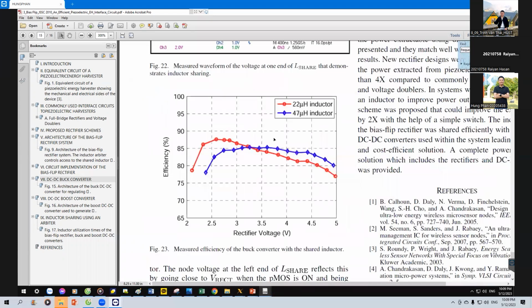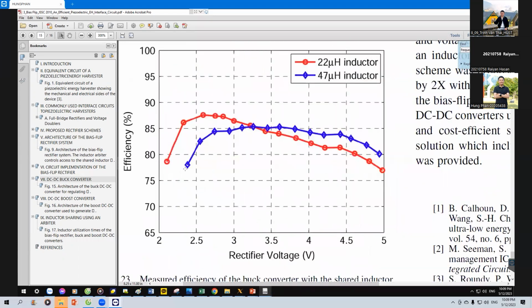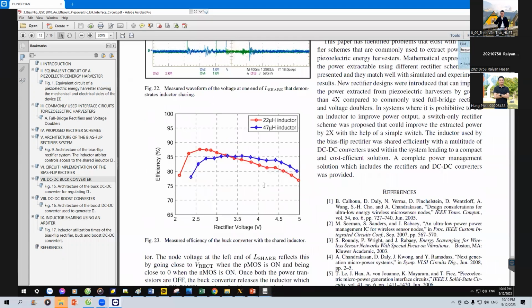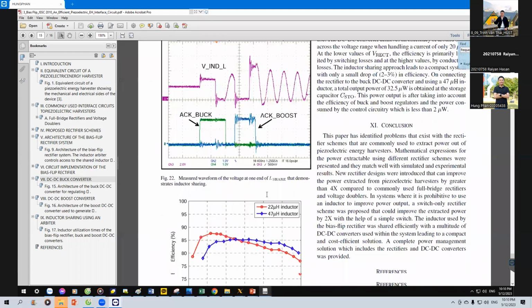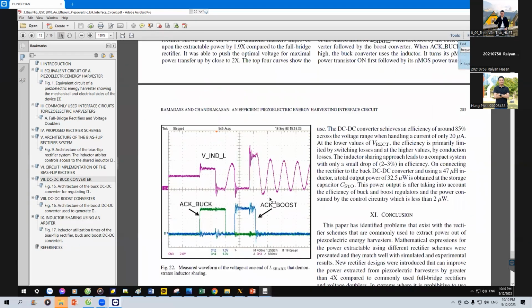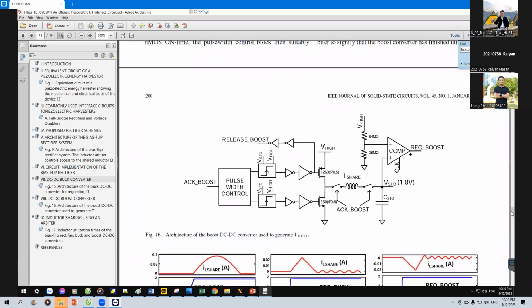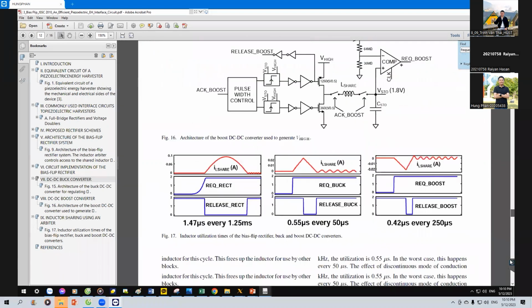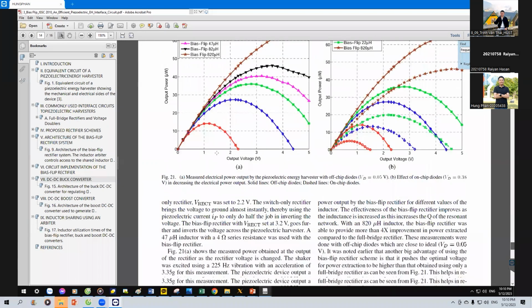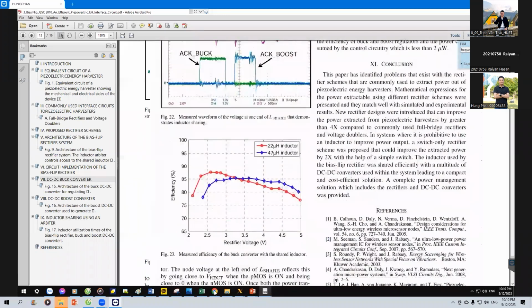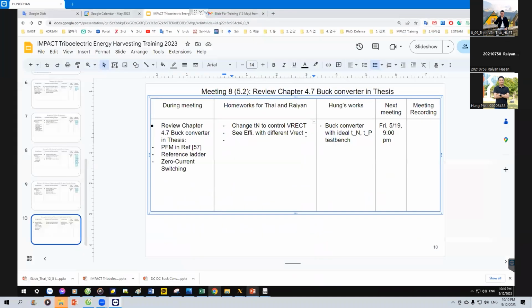Yes. You should change VRAC and check it with here. Okay, so we should produce the VDEC versus efficiency graph. Yeah, you should make this graph to check, right? Okay, to check. The paper.